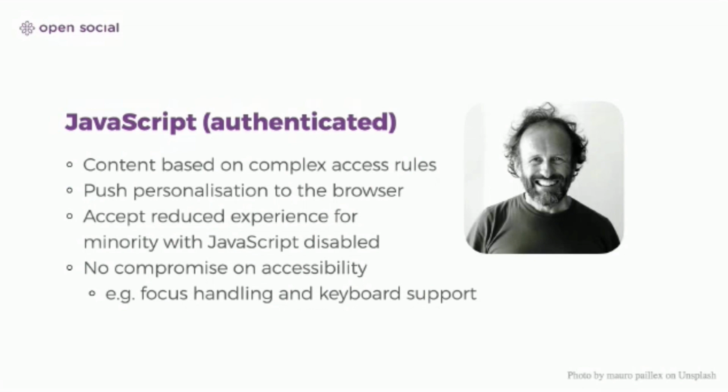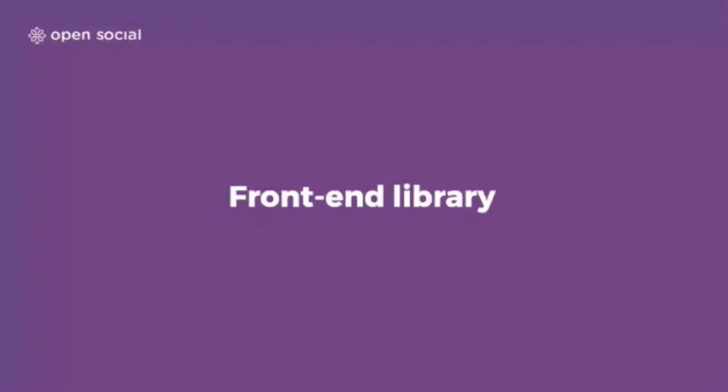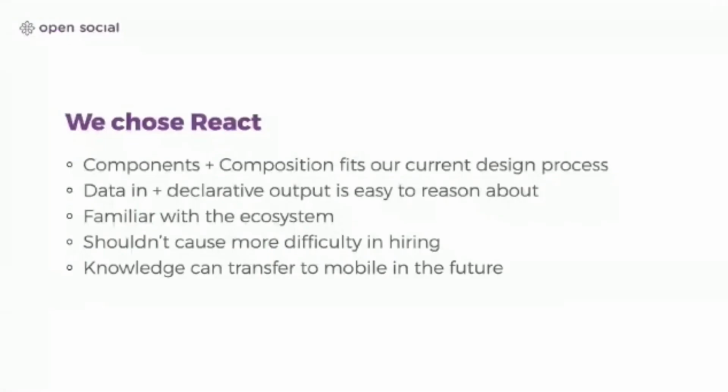So knowing that we want to do more in the browser, we need a front-end library to support this. We've chosen React. The components and the composition that React encourages fits well with our current design process. React components take data in and have declarative output, so they're easy to reason about. And at Open Social, we're already familiar with the React ecosystem.